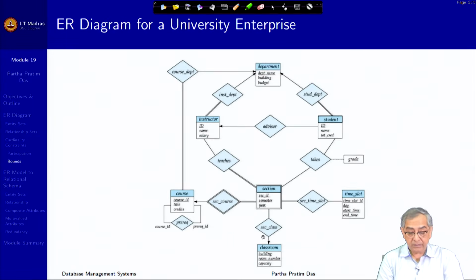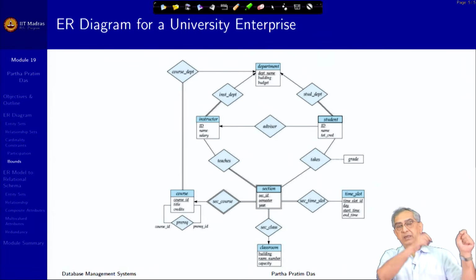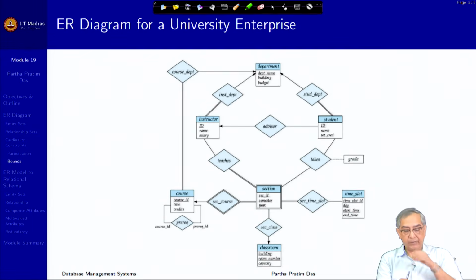So, this is a more detailed diagram of the university representation that you had seen. Earlier it was just showing, well, this is there, that is there. Now, it formally shows in terms of an ER model.